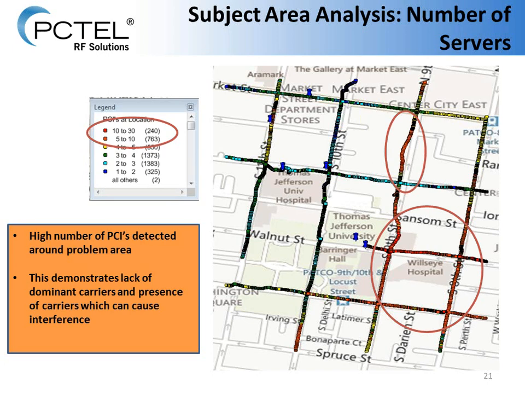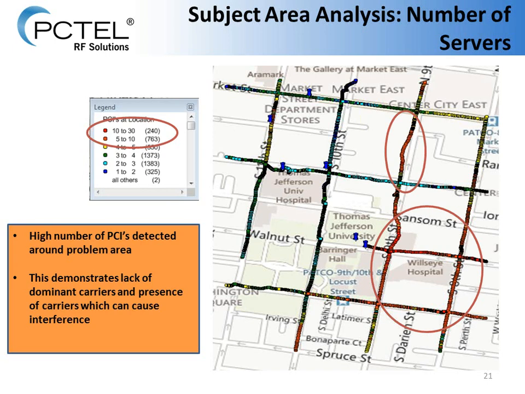So the first thing we looked at on this slide was the number of services. On the previous slide, I had a little circle of what we wanted to analyze. What we're analyzing here is a 4x4 block area where we had 4 locations exactly where the data card dropped service. What we're finding first is a very high number of PCIs detected in this problem area.